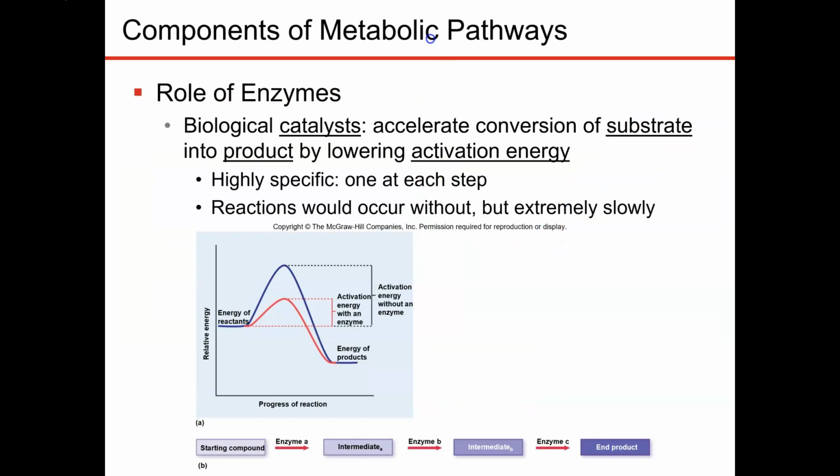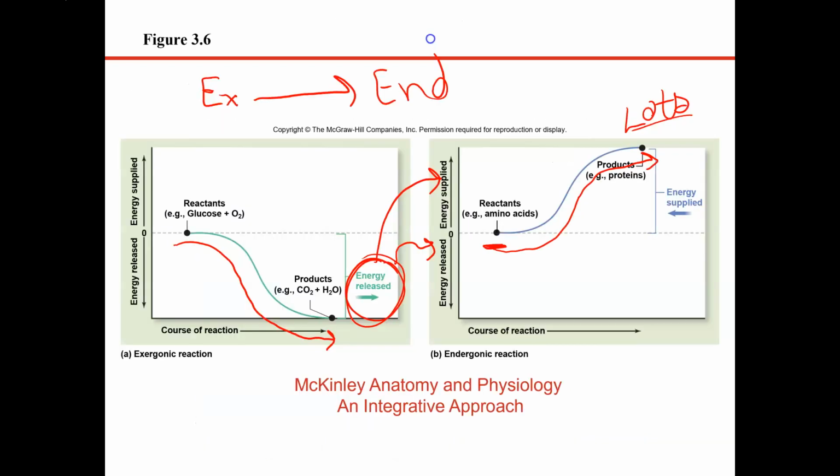And I can also, actually I'm going to go back. I can also say a reaction that breaks something down. So here we have glucose, here we have carbon dioxide and water. We broke something down. That's a catabolic reaction. And here we have a reaction where we took in energy and we built amino acids up into proteins.